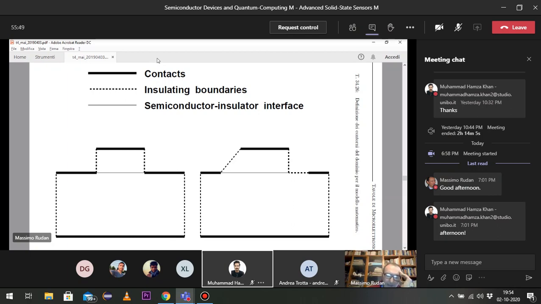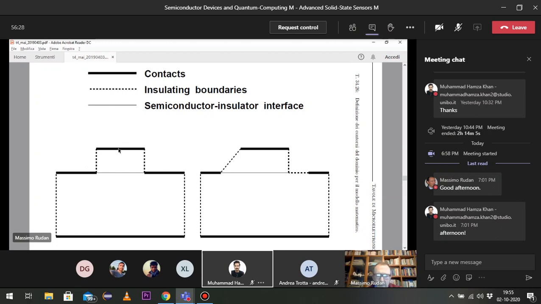You remember the lower thick line, this one, is the contact on the bulk, the bottom of the device. The 2 lateral thick lines are the contacts of the source and drain, and finally, the upper thick line is the gate contact. So the thick lines are contacts.